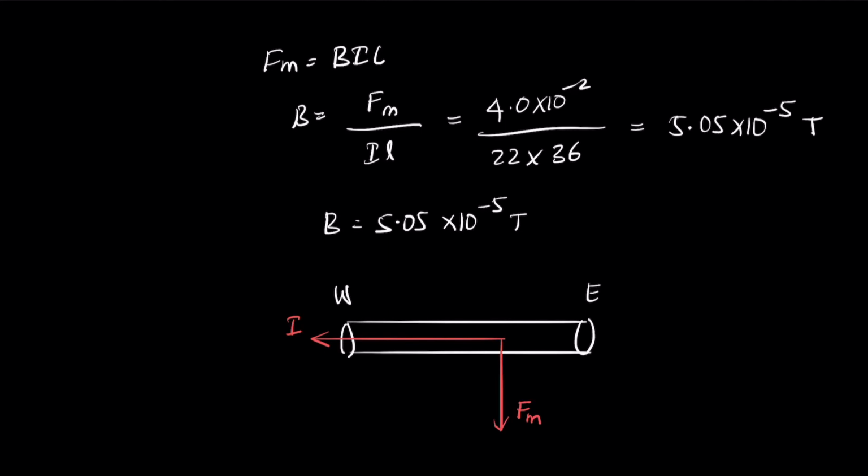The other four fingers will indicate the magnetic field B. So if this is east to west, then B here is pointed towards the north. So this is downward, and this is towards the west, which means that B will be towards the north. So we still use the same right hand rule. That's how we can choose the direction.